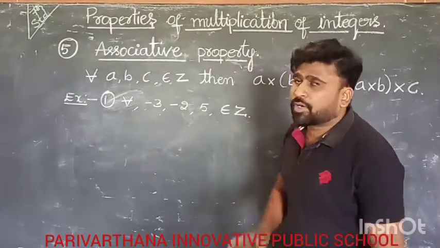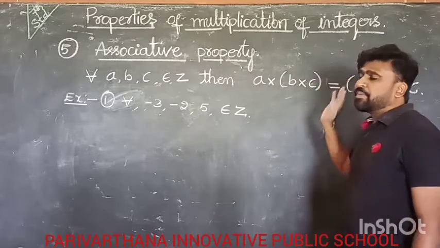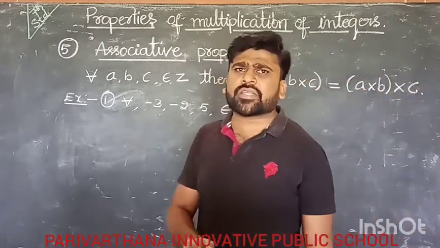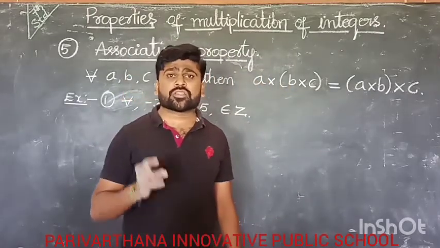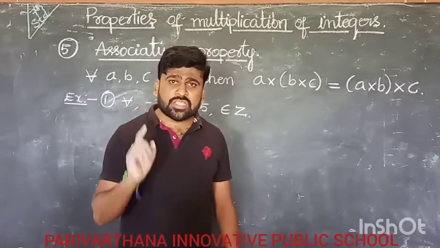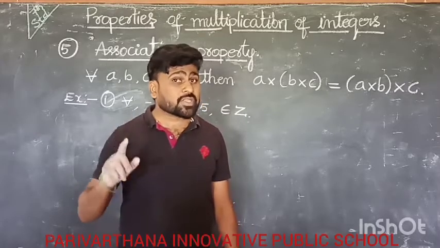Next, fifth property, that is associative property under multiplication. This kind of associative property is the same as it is for addition. Clear? Regarding addition also, a plus of b plus c is equal to a plus b of plus c.